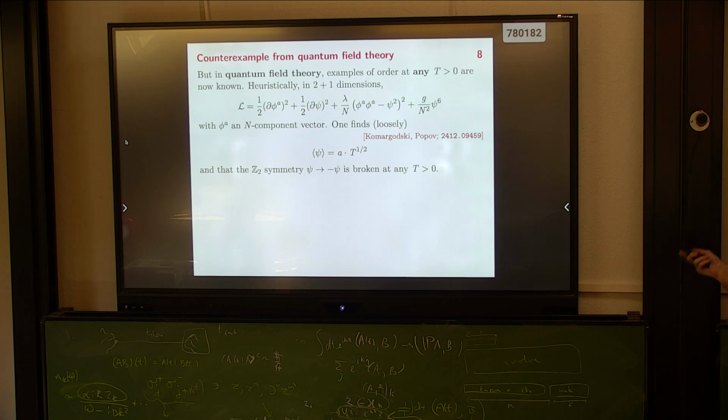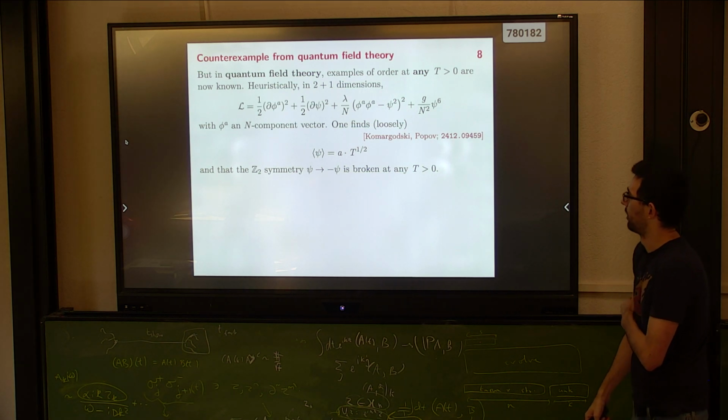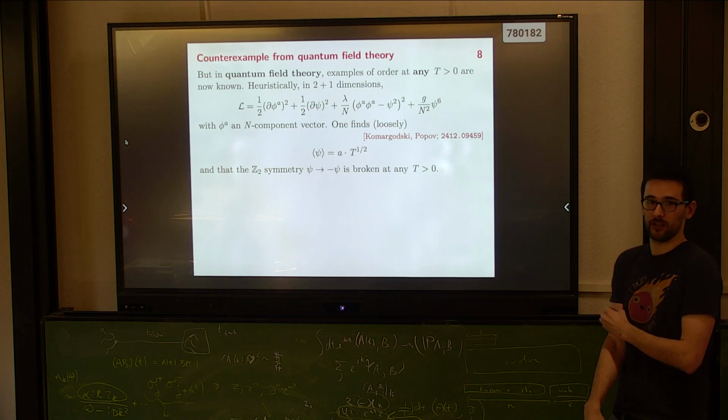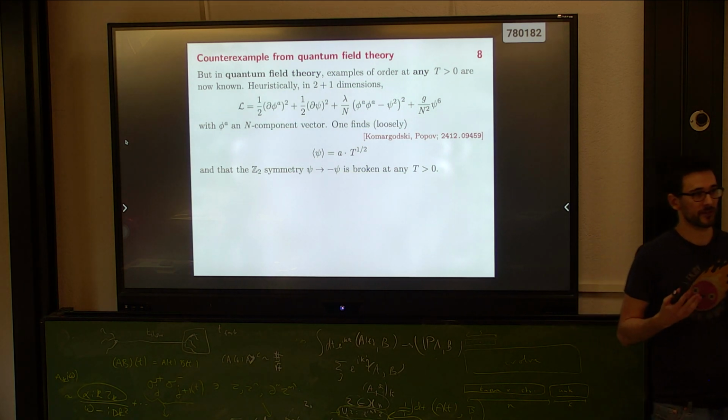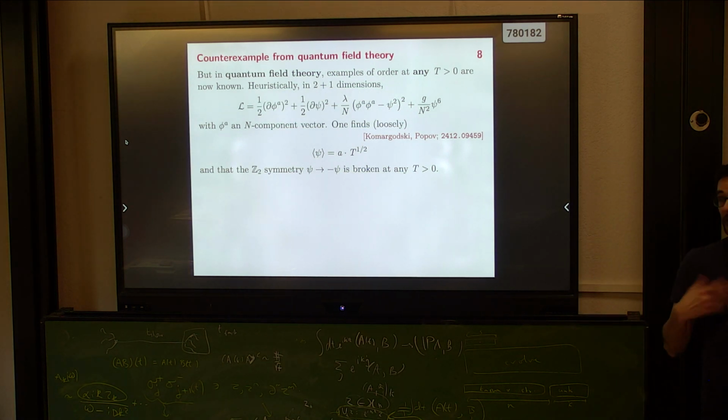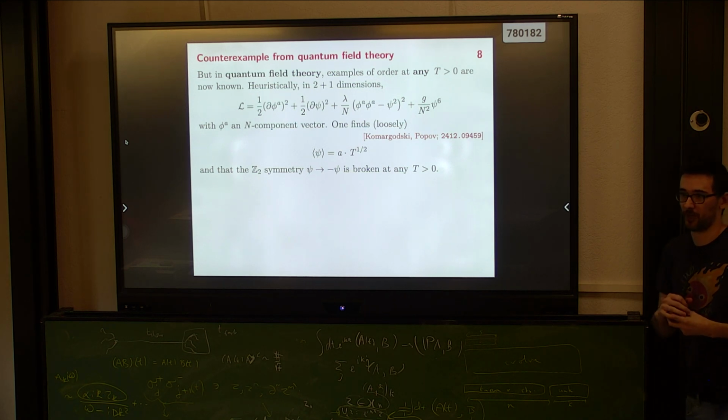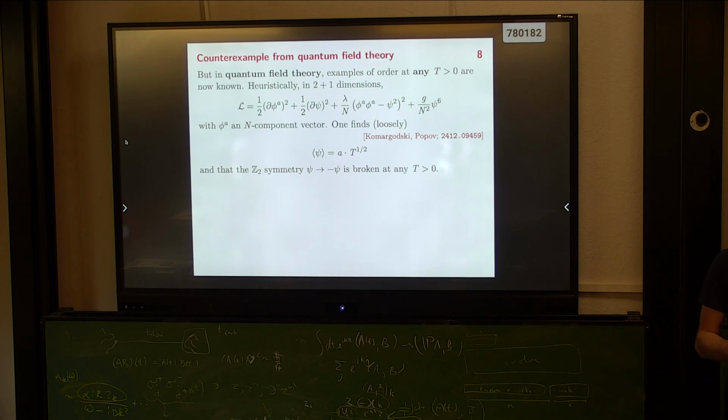But recently, Zohar and Fedor presented the first UV complete conformal field theory that orders at finite temperature. Because the theory is conformal, this means that at all non-zero temperatures, there's spontaneous symmetry breaking in this model.